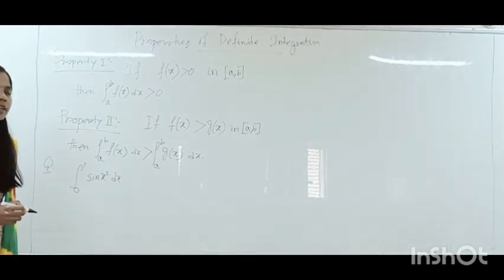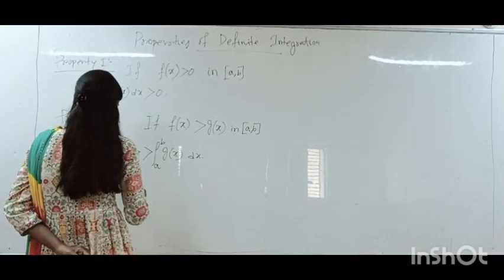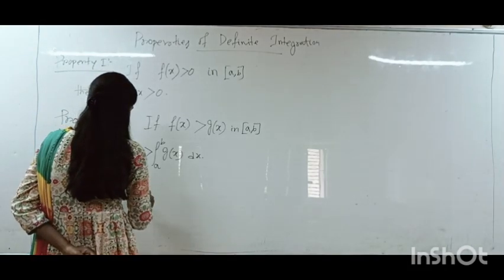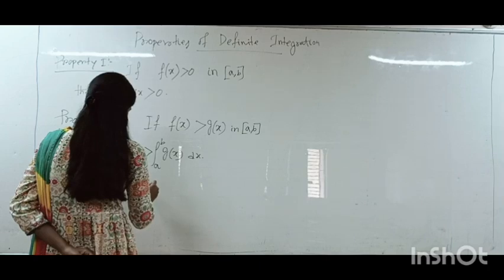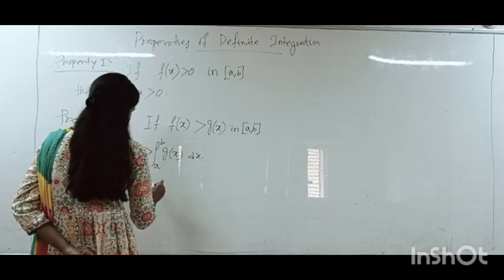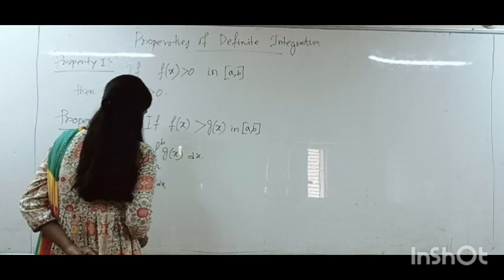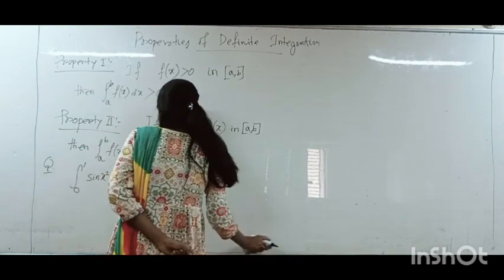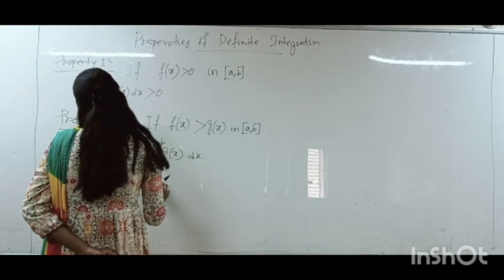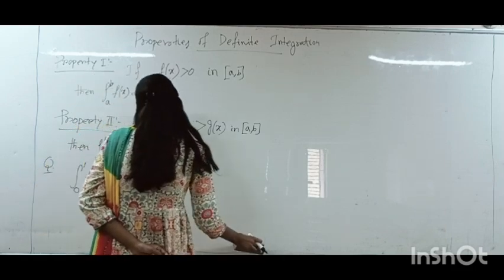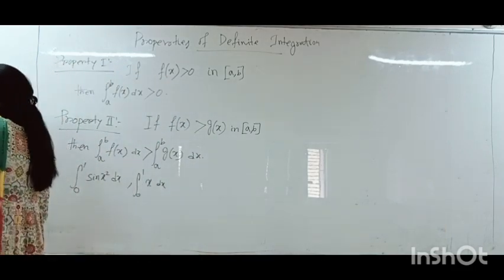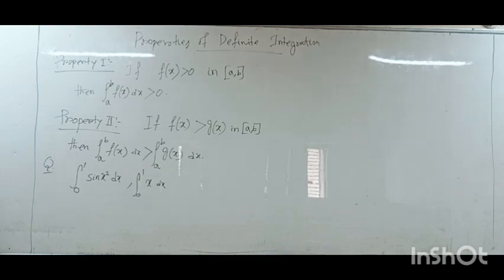This is our one integral, and the other integral is 0 to 1 of x square dx, or we can take x dx.